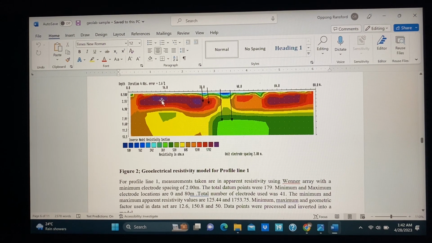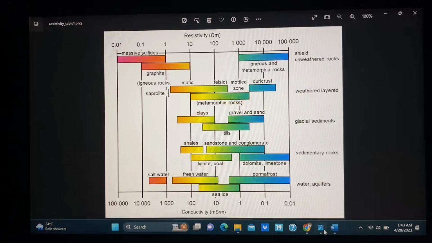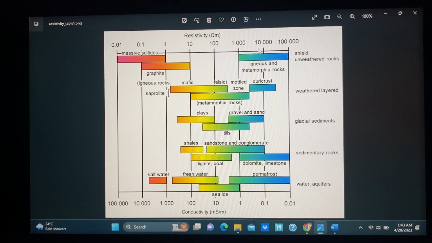Okay, so let's use this one to get the rocks that are probably around based on the resistivity values they're giving to us. Look at 1200 to 1950. When you look at the diagram, 1000 to 10,000, it means that there's a chance of it being a gravel or a sand, a conglomerate, a dolomite, a permafrost. You get it? Or a duricrust.